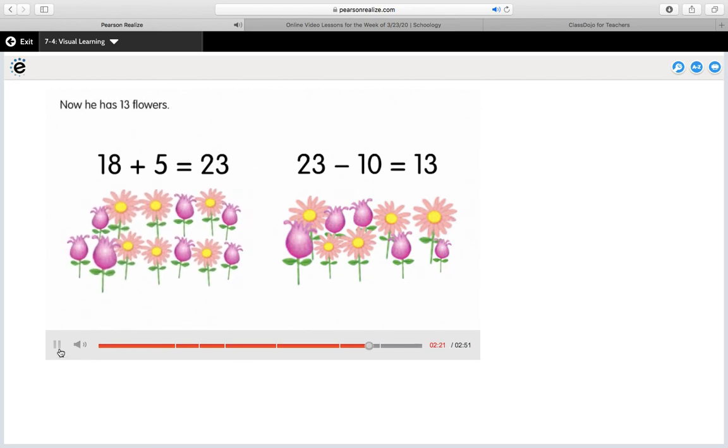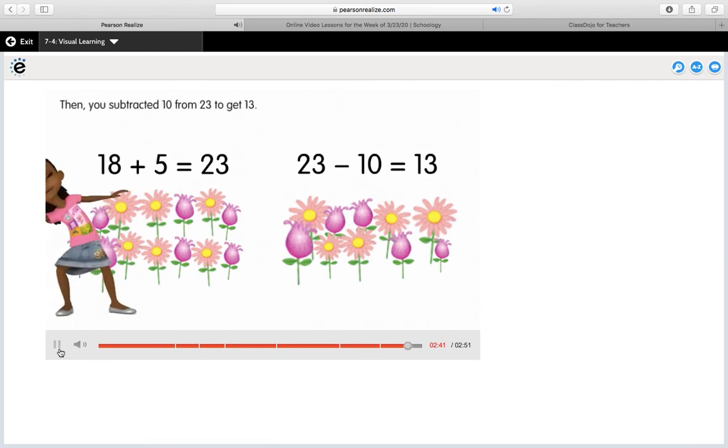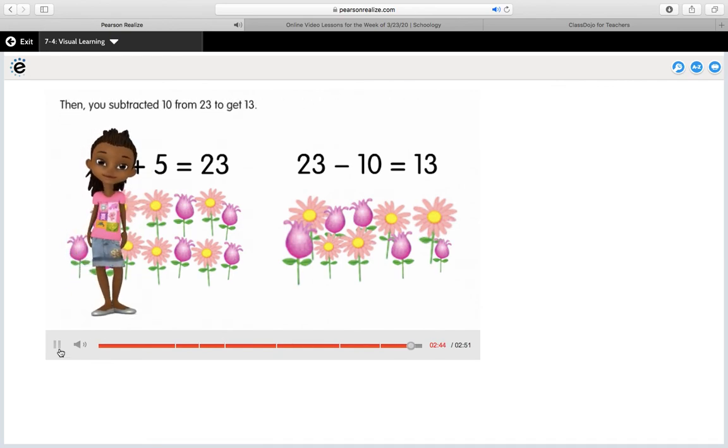Now he has 13 flowers. Evaluate. How could you check both parts of the problem? You added 2 ones to make the next 10 and added the 3 leftover ones to find 18 plus 5 equals 23. Then you subtracted 10 from 23 to get 13. Now you know how to solve a two-question problem.